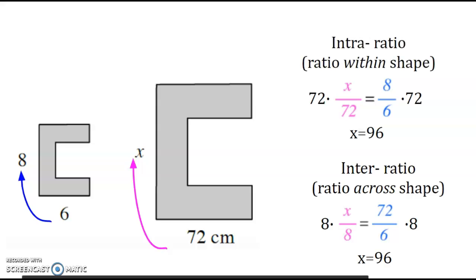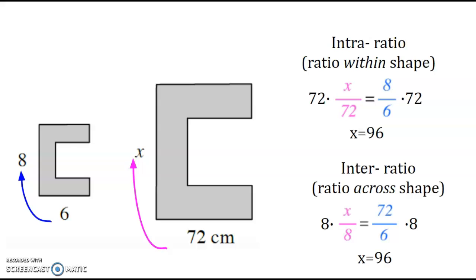But the second time we did it within the shape. So it's an intra ratio, within, inside. It's a ratio within the shape, because we are comparing one side to another side within one shape. This is only true when we know for sure that the two shapes are similar.